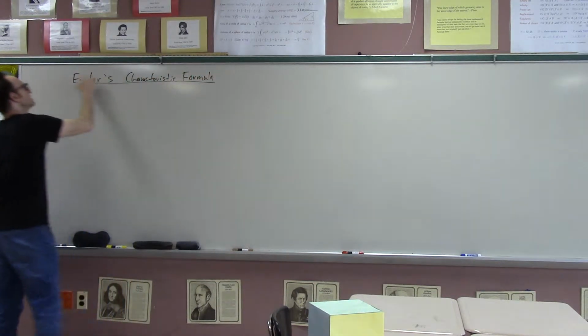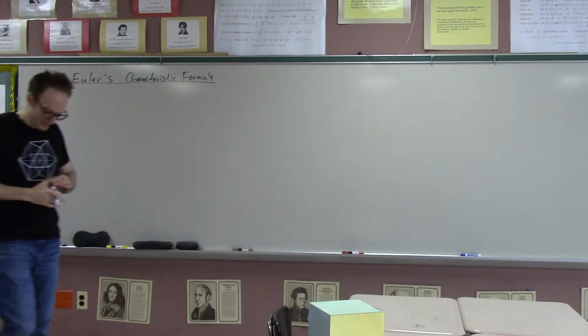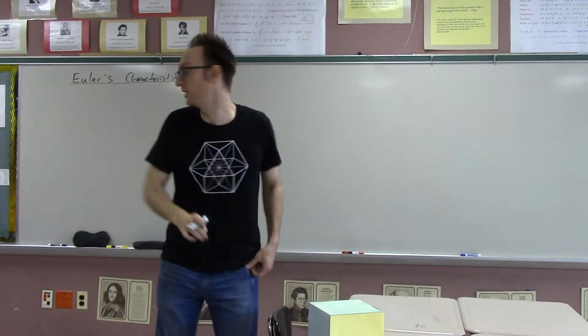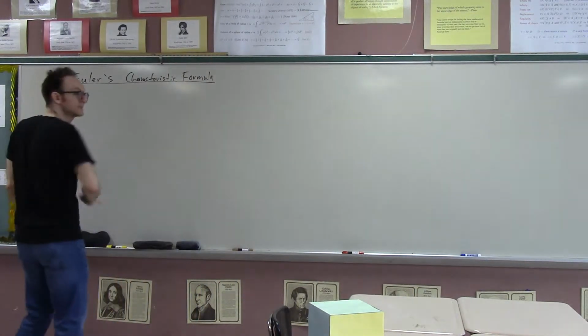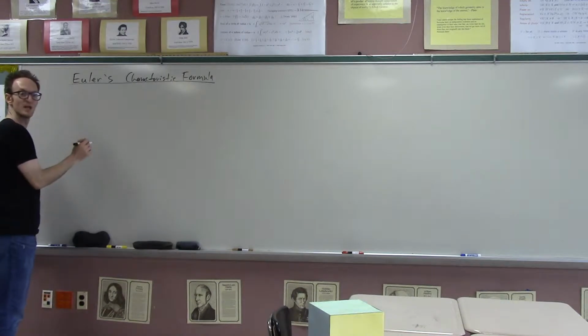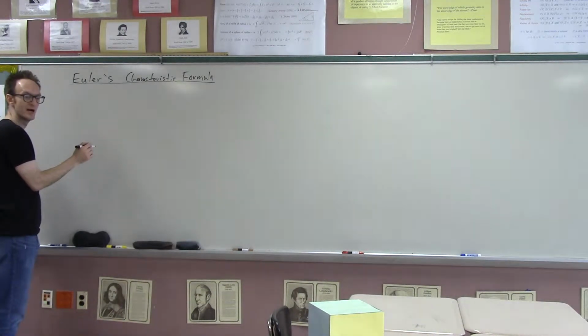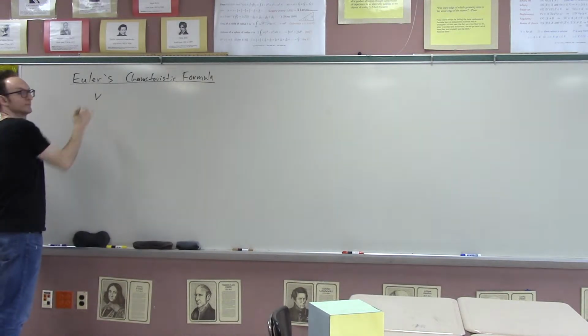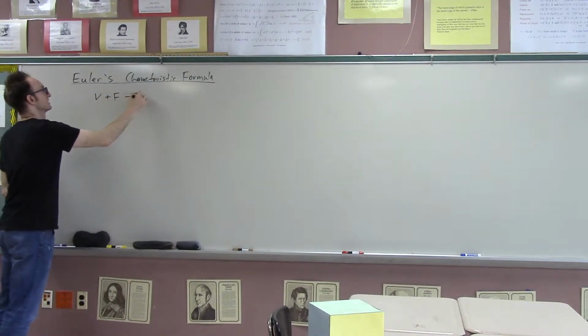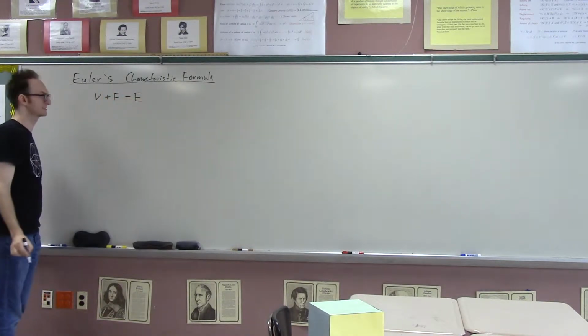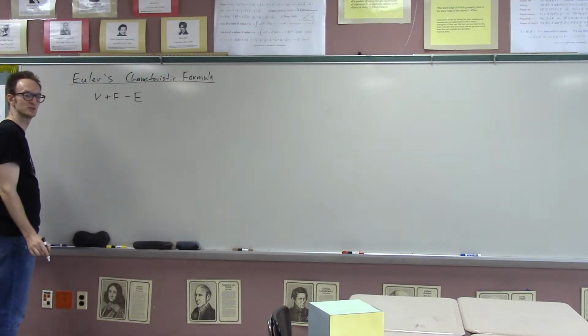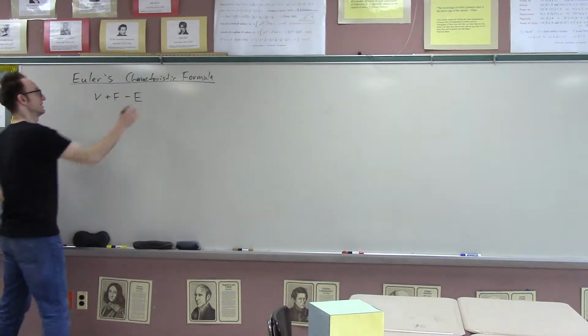And originally, this was okay. Well, here we go. What does it say? It says, let me make sure I get this right, that if you take the number of vertices plus the number of faces minus the number of edges, 8 plus 6 minus 12, sure, that's true, then you get 2.